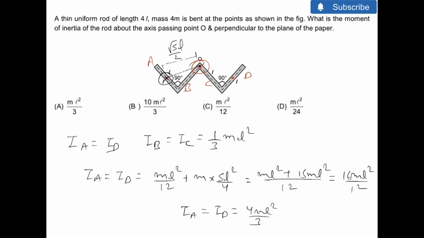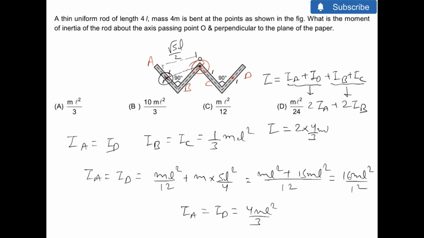Now the total moment of inertia would be IA plus ID plus IB plus IC. So this is twice of IA and this is twice of IB. So I will be equal to twice of IA, which is 8 by 3 ml square, plus twice of IB, which is 2 by 3 ml square.